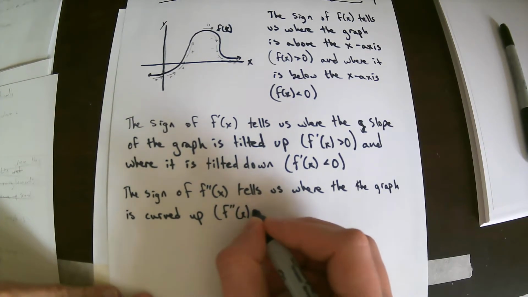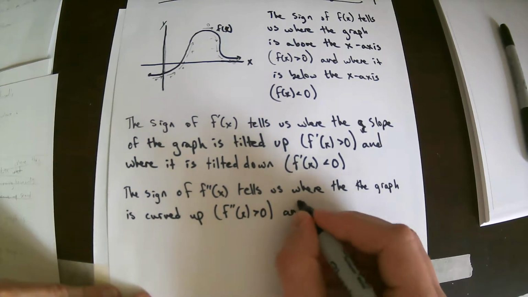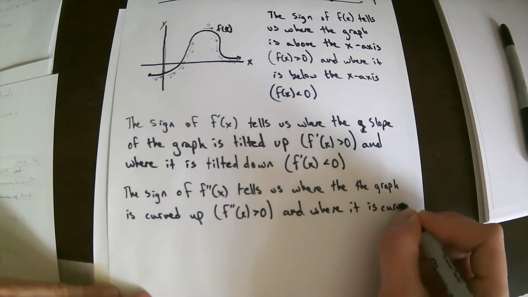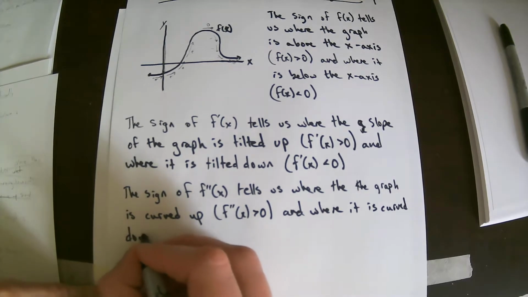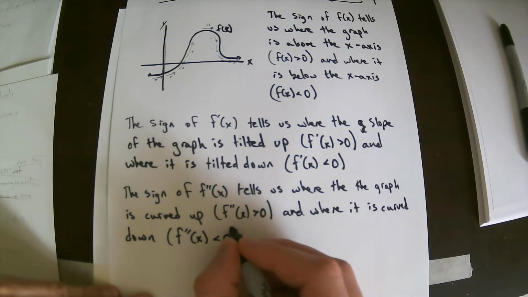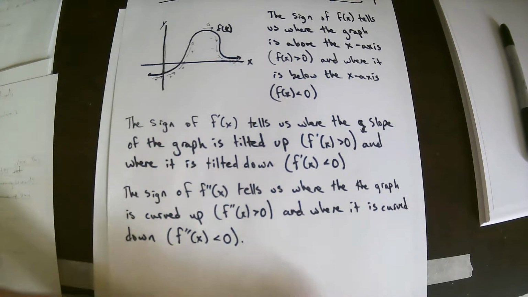That's where the second derivative is positive, and where it is curved down, where f double prime of x is negative.